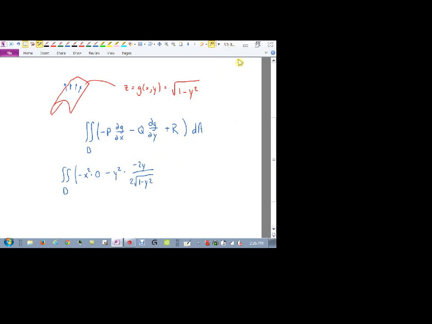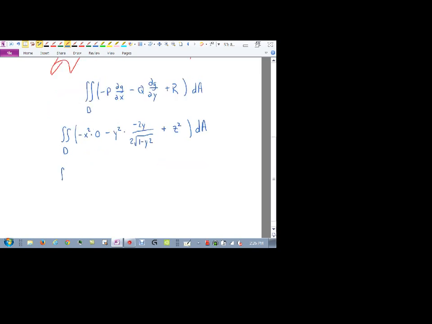And then plus r. What's r? Z squared. All this dA. Let me clean. What do we have there? Y cubed over square root 1 minus y squared.